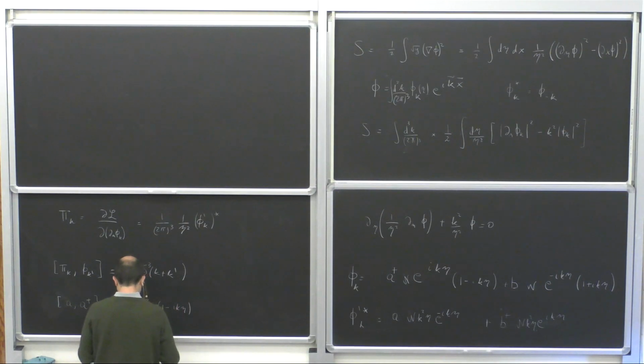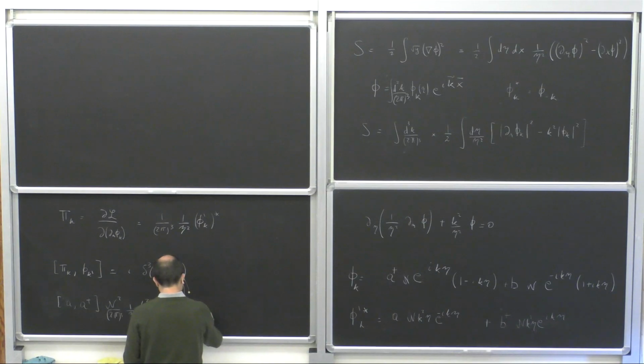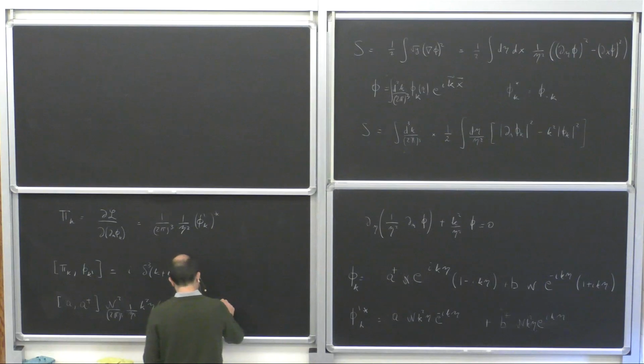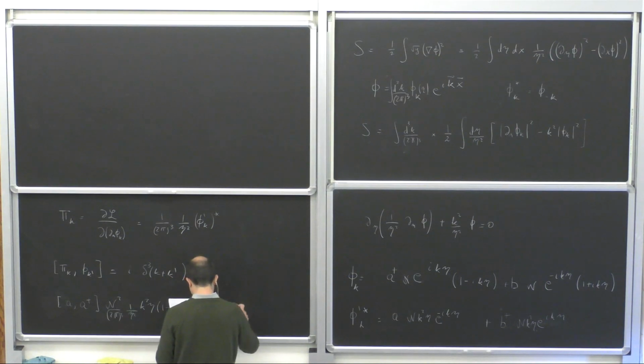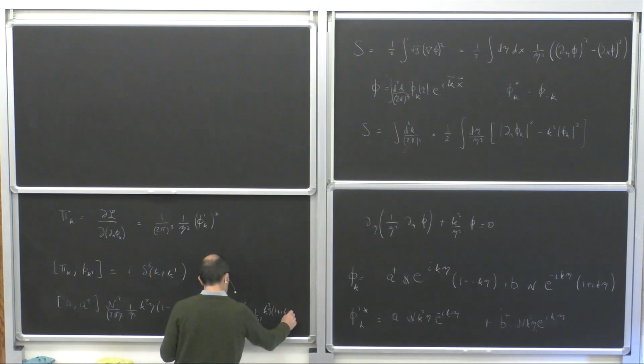I mean, there are a few other terms, like commutators between A and B, and those are even time dependent, so they give expressions which are not even constant, so those are set to 0. And then we are left with these commutators. This just simply follows from plugging all those things in. Delta k minus k prime.